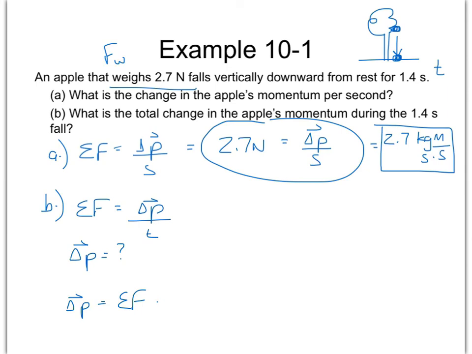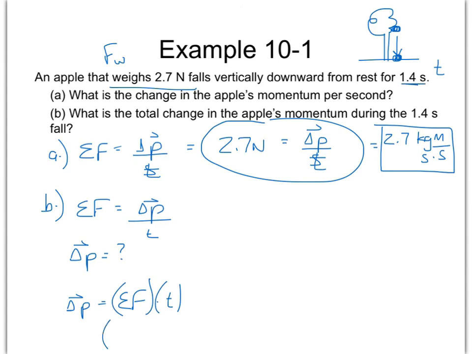So this is net force times time. In the previous ones, we didn't really need to worry about time, but here we do, because it's a certain amount of time. That's 1.4 seconds that it's falling for.